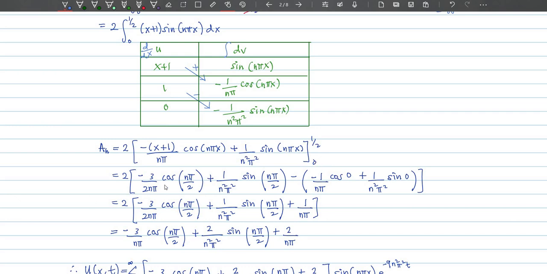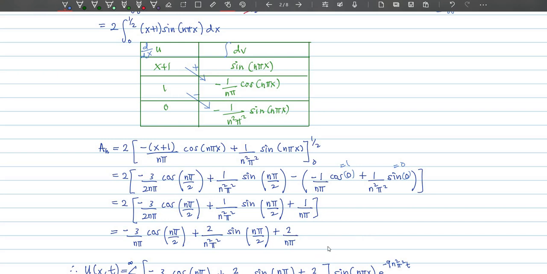Remember, show your substitution: substitute the upper boundary minus the lower boundary. Right now, cos 0 is equal to 1 and sin 0 is equal to 0, and therefore we are left with this. Simplify, and this will be your a_n.